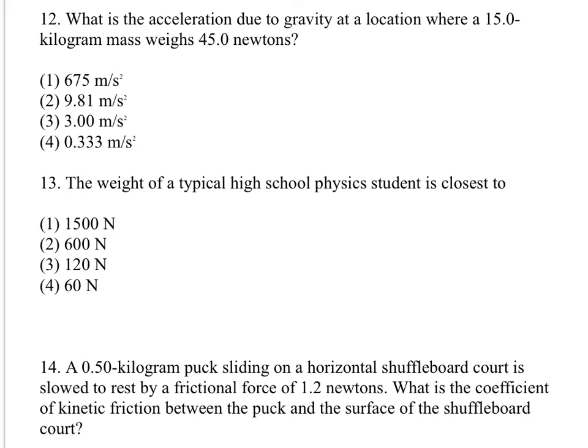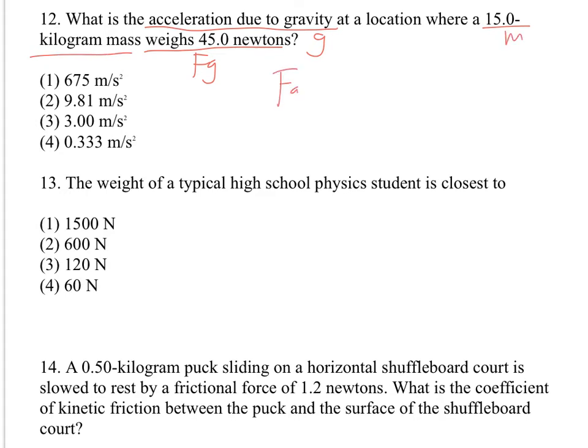What is the acceleration due to gravity at a location where a 15 kilogram mass weighs 45 newtons? Okay, acceleration due to gravity. So that refers to our variable g. And if we're given a weight of 45 newtons, that's F of g, and this is our mass, m.